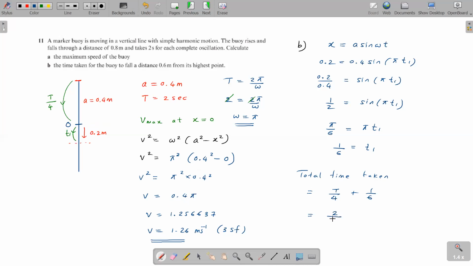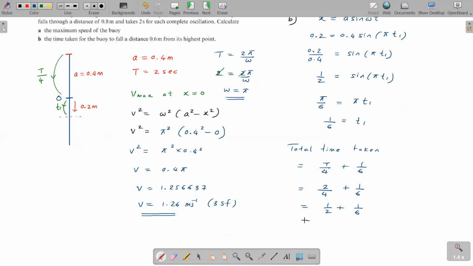Capital T is 2 seconds. So 2 over 4 plus 1 over 6. Half plus 1 over 6 is 2 over 4 is half, right? Half plus 1 over 6, what is the answer? Two over 3 seconds. So 2 over 3.